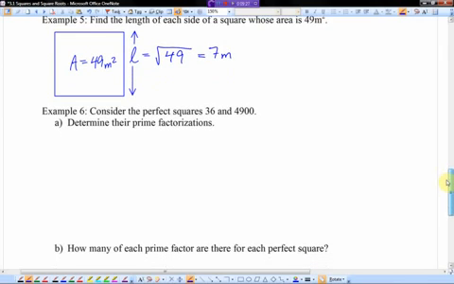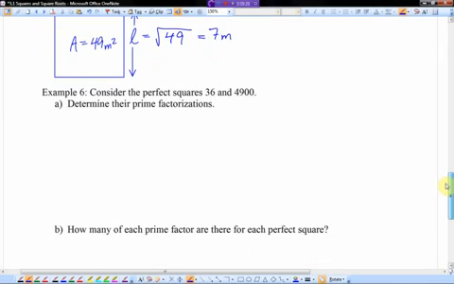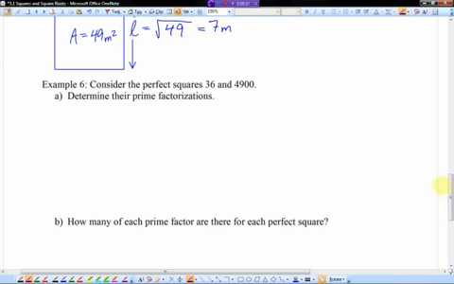Now, in this next example, we want to look at some perfect squares. The first one is 36. We want to do its prime factorization. So here's what that looks like. I know that 36 is 2 times 18. And I know that 18 is 2 times 9. And I know that 9 is 3 times 3.